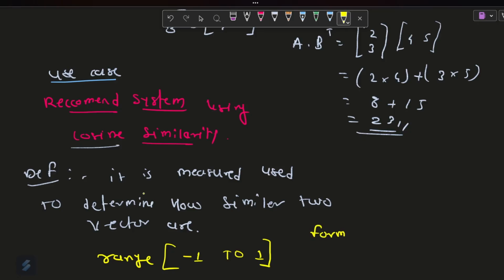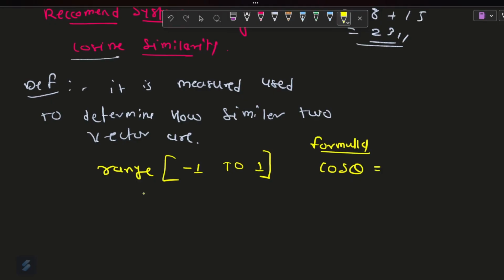The formula for cosine similarity is cos theta equal to the dot product of two vectors divided by the magnitude of vector u and the magnitude of vector v.